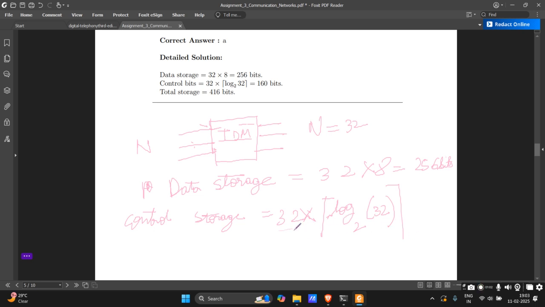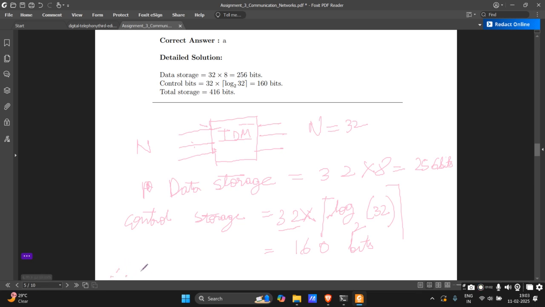So you need 32 by 32 control words, and each control word will be of log base 2 of 32 bits. So 32 into 5, 160 bits, because log 32 is 5.